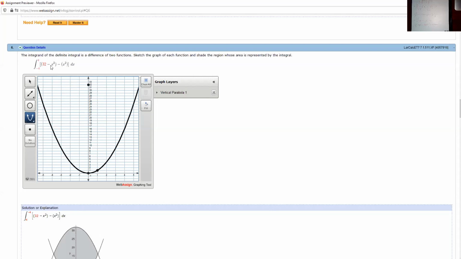If I plug in 5, that'd be 25. 32 minus 25, what would that be? 7? So if I plug in 5, I would get 7. If I get -5, I would get the same deal.